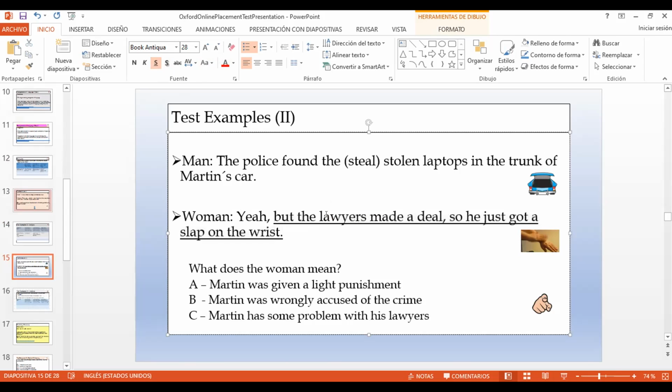So lawyers, the subjects, most probably it has to do with stealing. So lawyers are implied, even if you do not know the word lawyers, you know the word law. It's not very different from Spanish. Lawyers made a deal, well, there we already have an idiom.